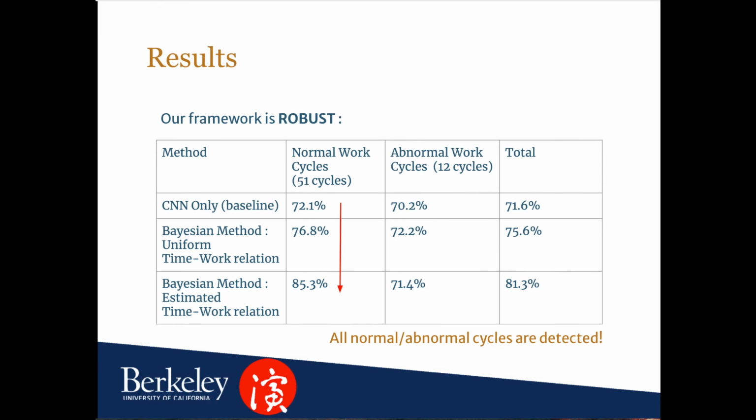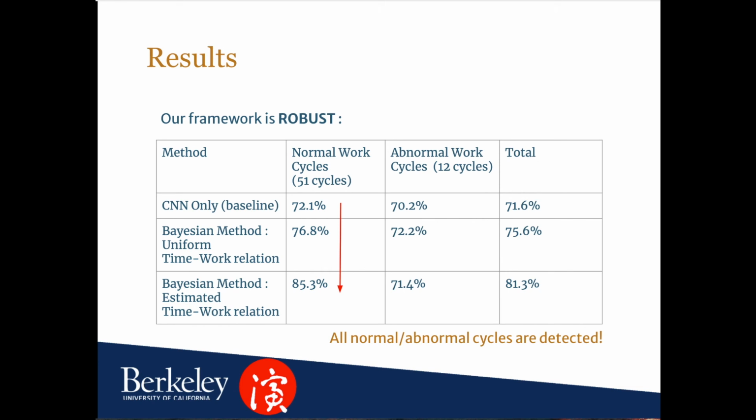Our framework is robust to the choices of prior knowledge. We use the CNN prediction model as the baseline and compare the results with our framework under different prior knowledge settings. For the first case, we're considering the Bayesian method with uniform time-work relation, which is the second row in this table.